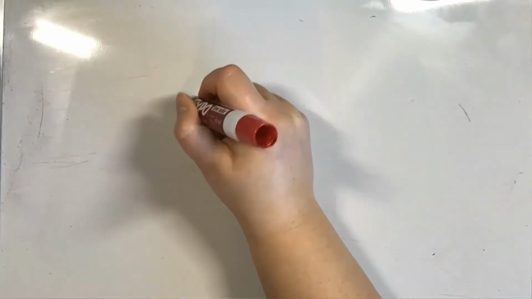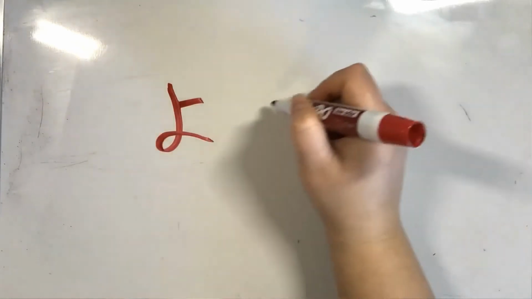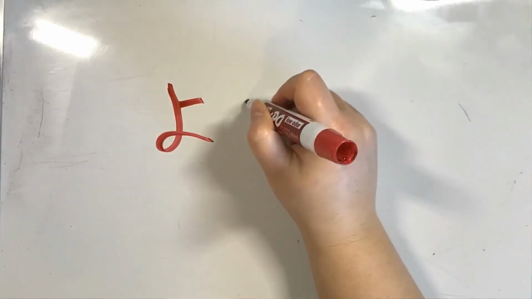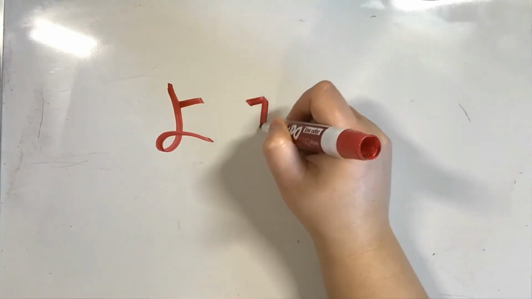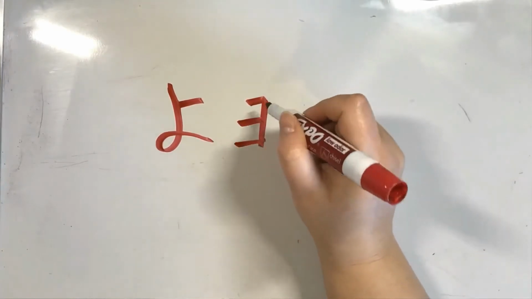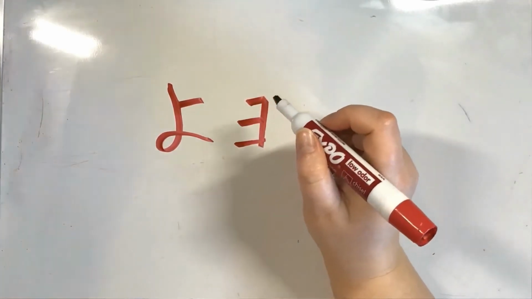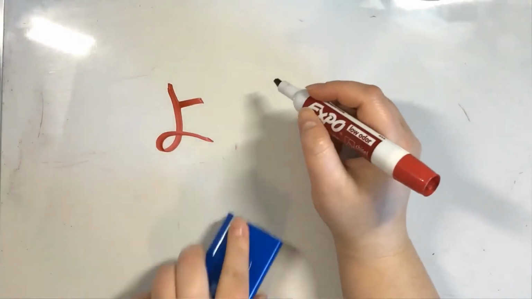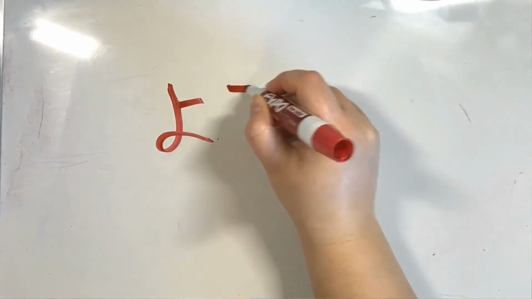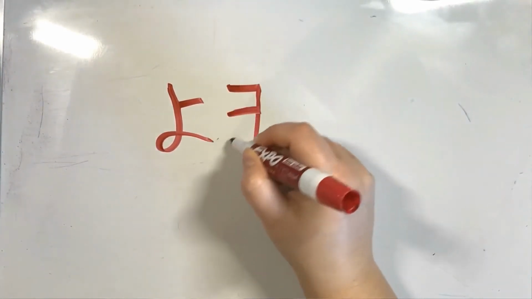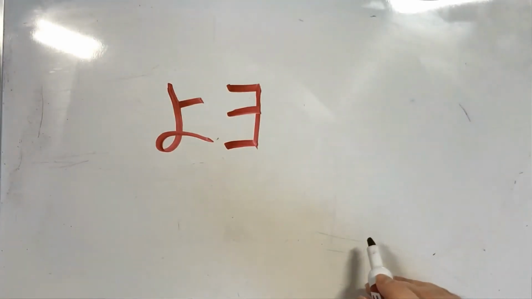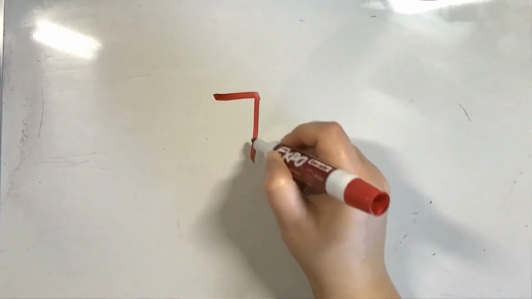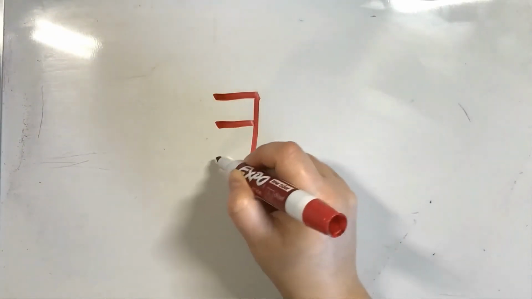So here is yo in comparison to hiragana and katakana. So it almost looks like a backwards E. So we start with the line across, and then down, another line in the middle, and then another line at the bottom.